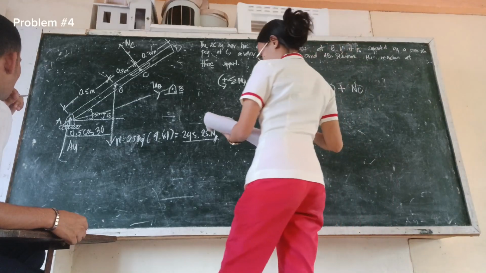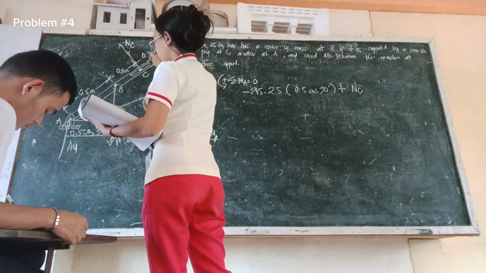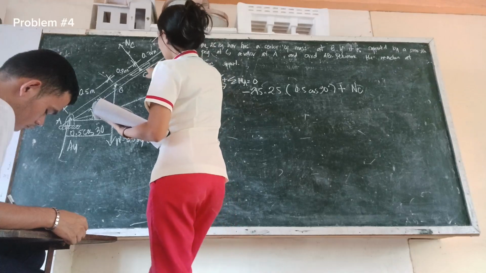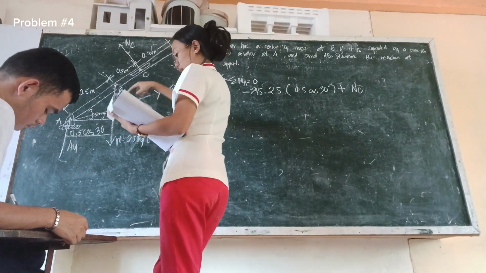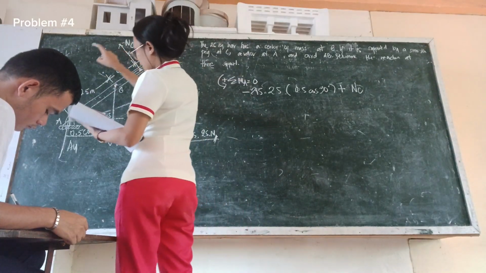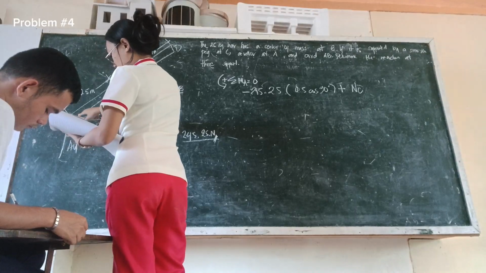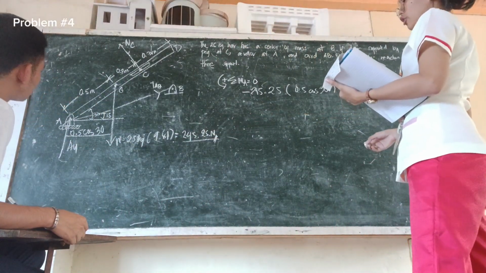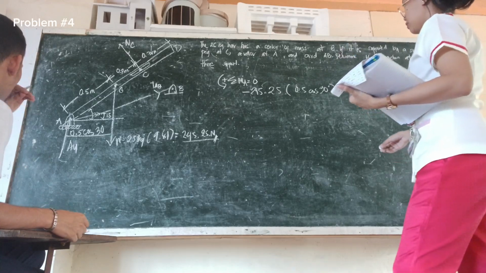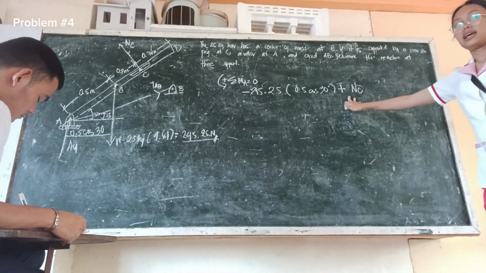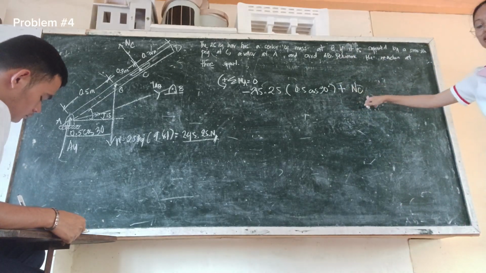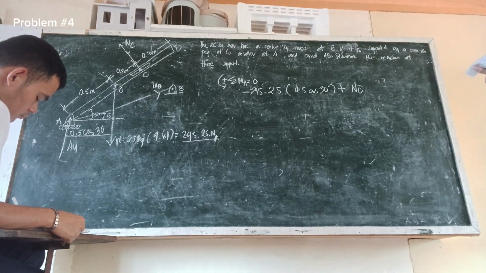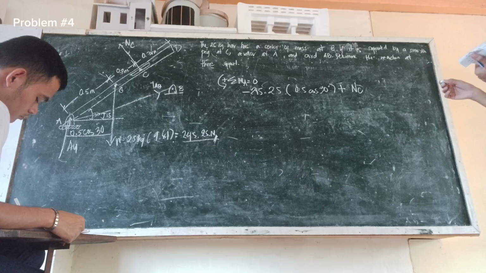NC is a force trying to rotate in the counterclockwise direction about point A, so the moment produced by the NC force will be positive. That's why it's plus NC.